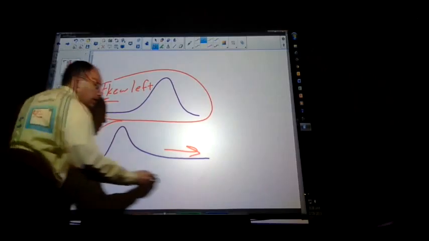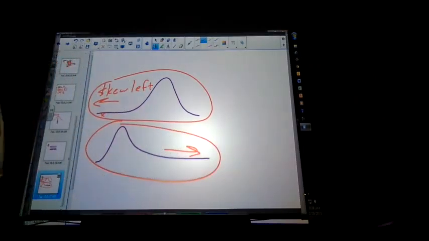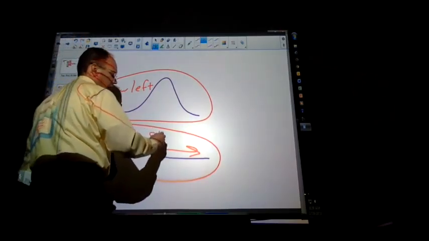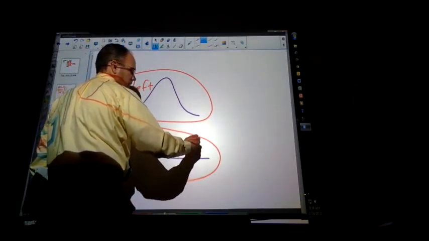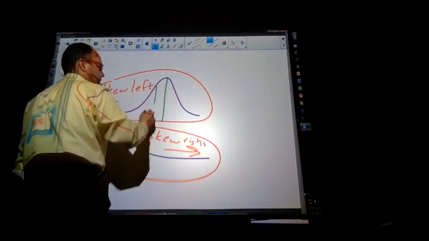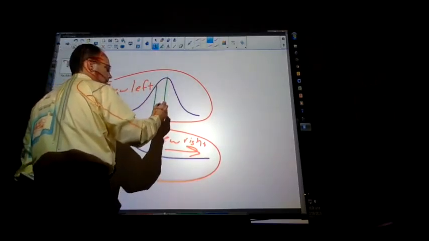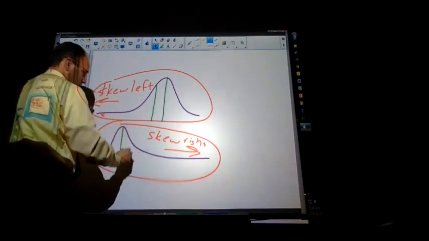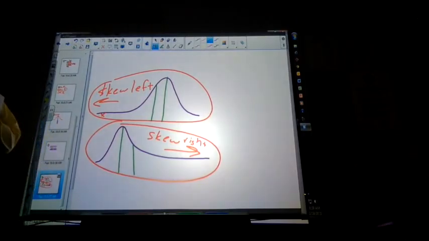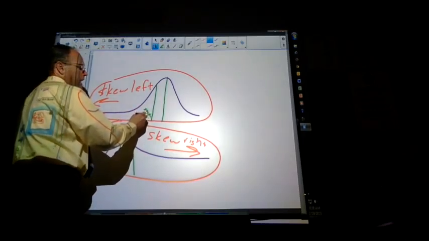This scenario is like if we were to take the average of the money in your pocket and you get the one kid in class that has 10,000 bucks in their pocket. This is skew right. If something is skew left, it's being pulled to the left, so the mean is going to go this way.